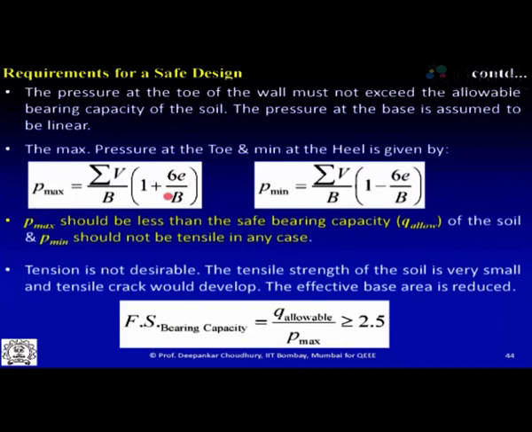So this is the P max calculation and this is the P minimum calculation. You have to see P minimum should not go negative and P maximum must be less than your allowable bearing pressure, and for bearing capacity, as we know, a factor of safety of 2.5 has to be used. So by applying that factor of safety of 2.5, the design of the retaining wall with respect to bearing capacity also needs to be completed.